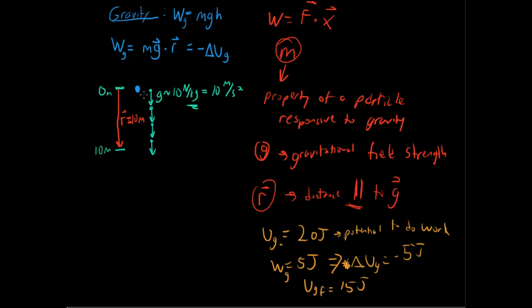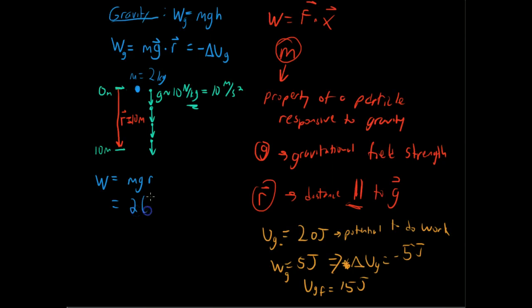One of the nice things here is that our g and our r are already lined up with each other. So all we need to do to find the work done by gravity is just do mg times r. No need to worry too much about vectors. Let's say that we start off with a mass of 2 kilograms.